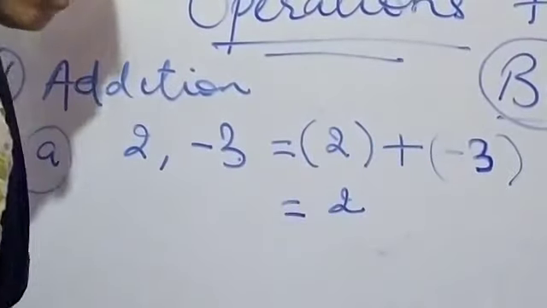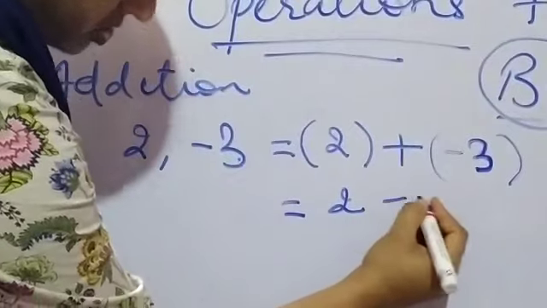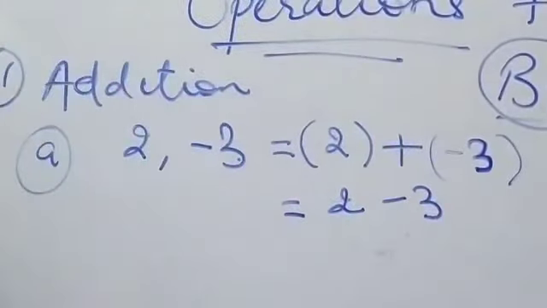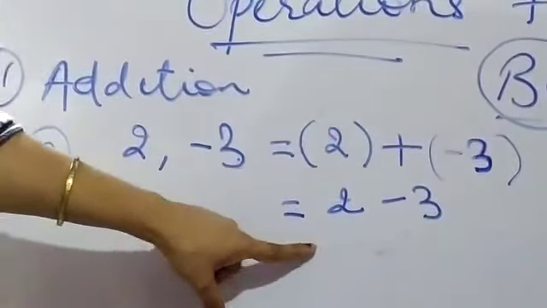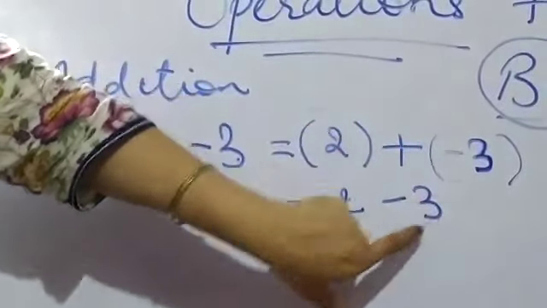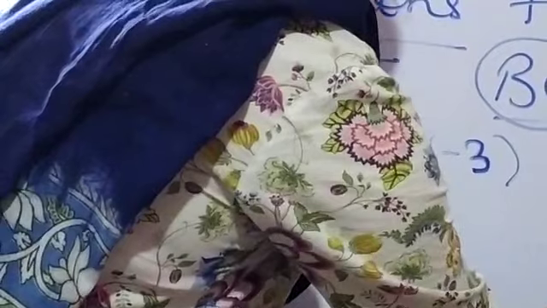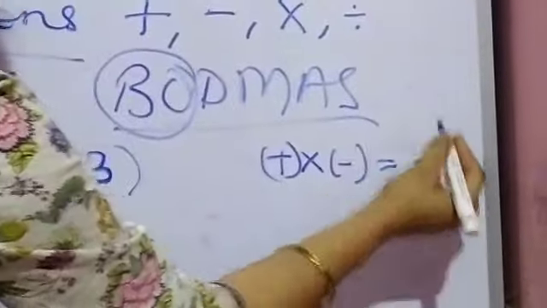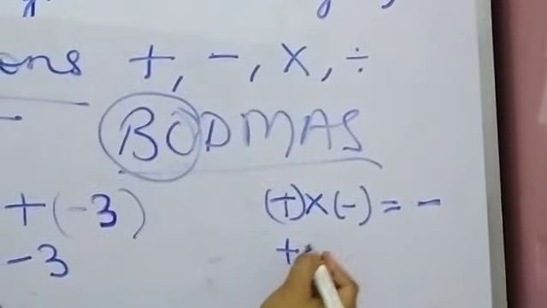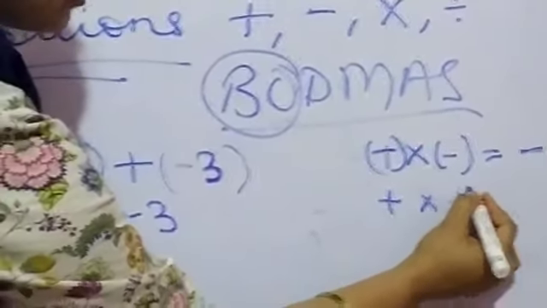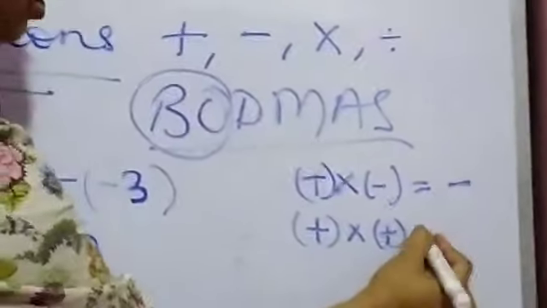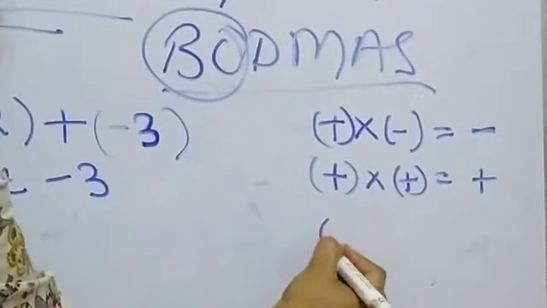Then plus minus is what? This rule you have to keep in mind. Yes, this is the most important thing. Plus into minus is minus. Plus into plus is equal to plus.